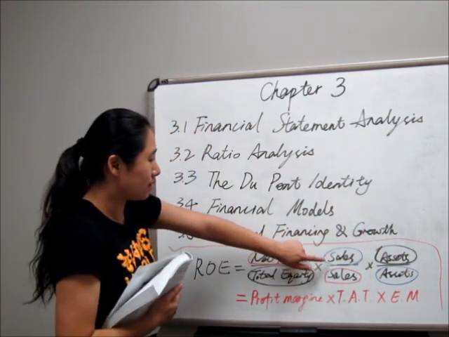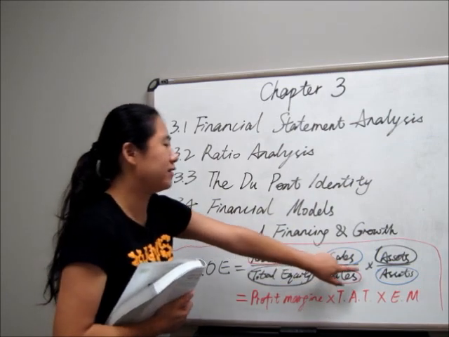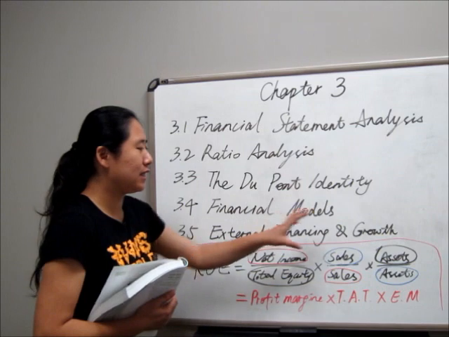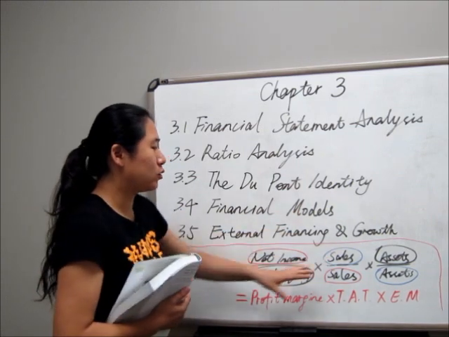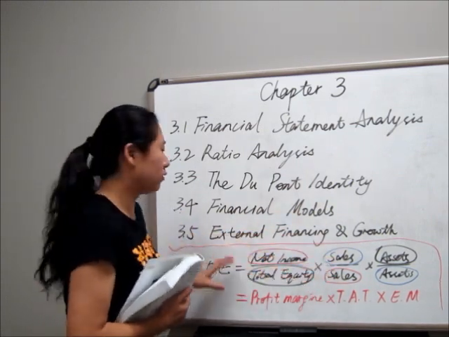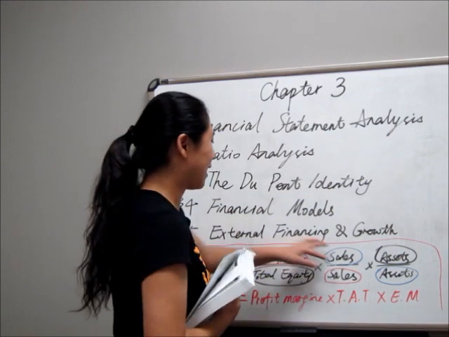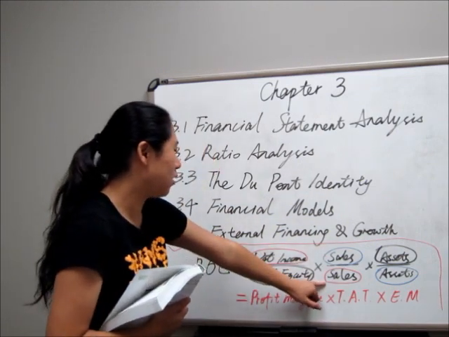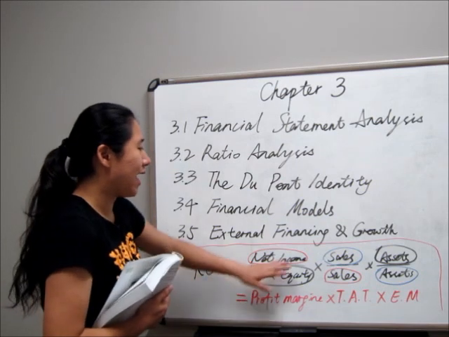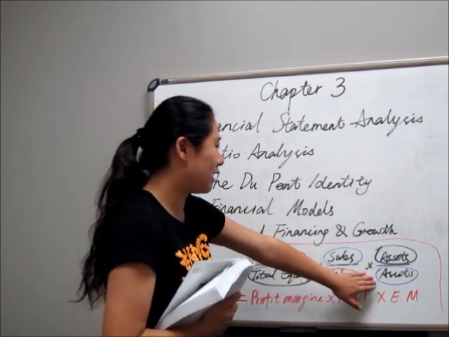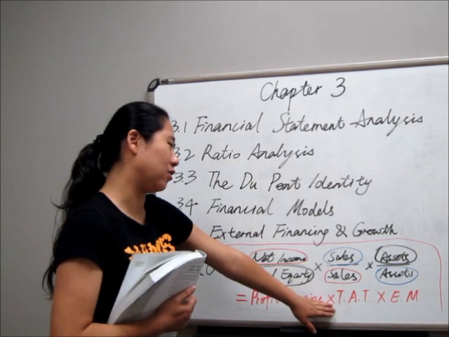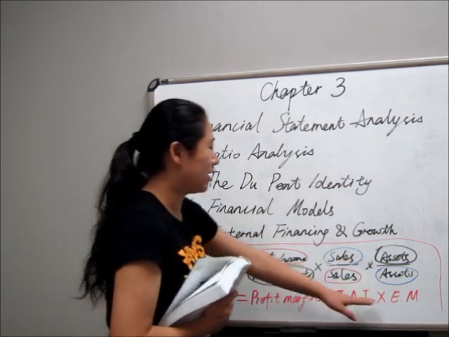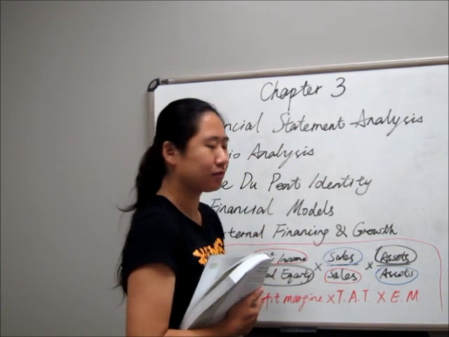And this is sales divided by sales, and this one is assets divided by assets. Then we regroup these items. We use net income divided by sales, which is profit margin, and sales divided by assets, which is total assets turnover, and assets divided by total equity, which is equity multiplier.